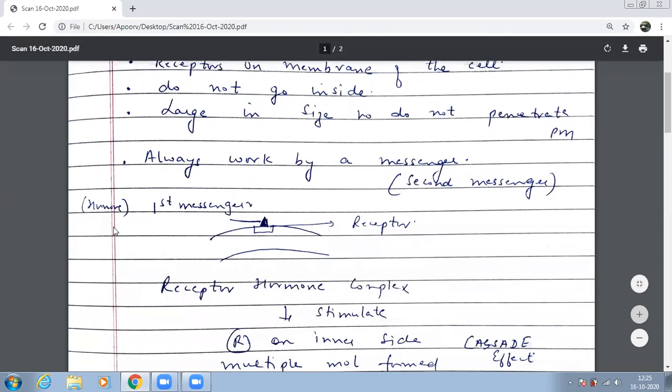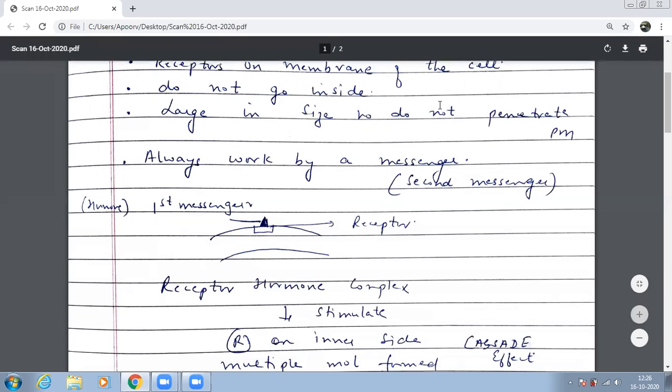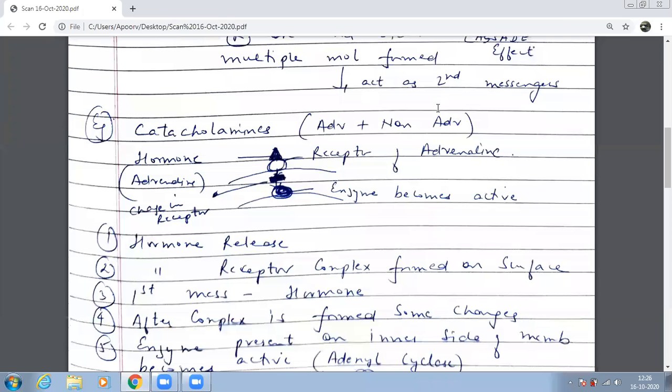Try and read, try and understand, then I'll explain again. Now see this part.